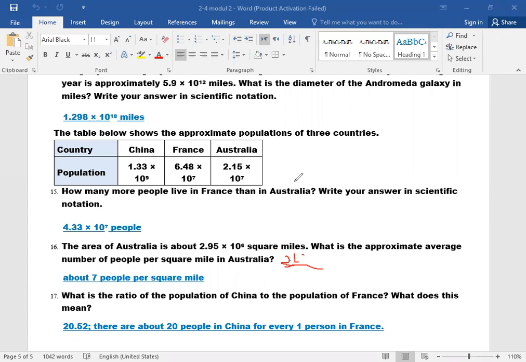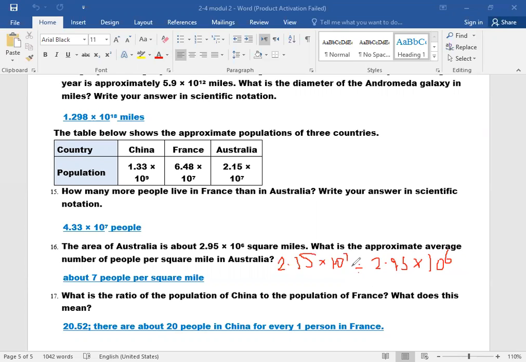2.15 times 10 to the power of 7 divided by 2.95 times 10 to the power of 6.